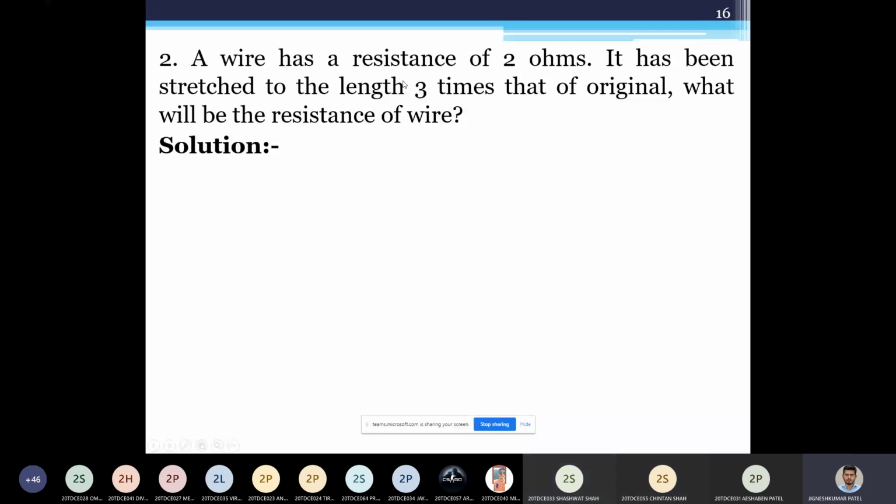So from these two pieces of information, you have to find out what would be the new resistance of the wire. Okay, can you do it? Yes, sir. Okay, so quickly complete this. Kindly turn off your mic meanwhile, like mute yourselves.